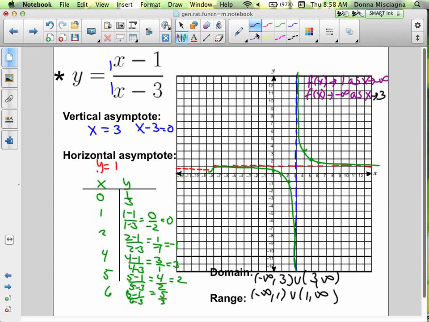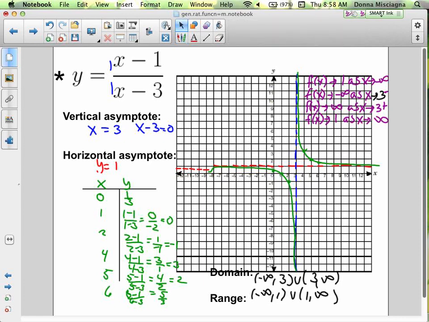And then f of x approaches positive infinity. Oh, and this was 3 from the negative side. F of x approaches positive infinity as x approaches 3 from the positive side. And then, of course, as we approach positive infinity, it's going to approach the horizontal asymptote again. All right, any questions on that one?